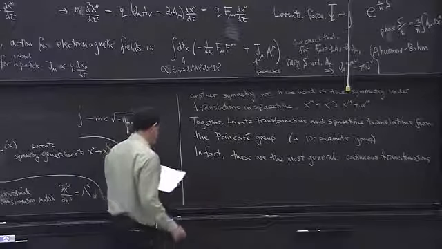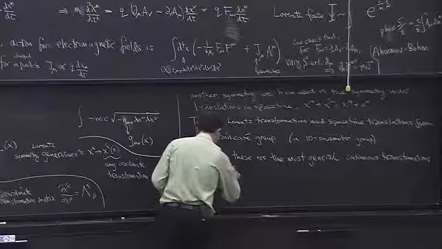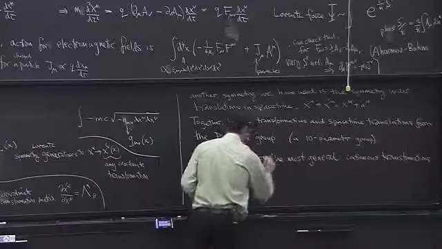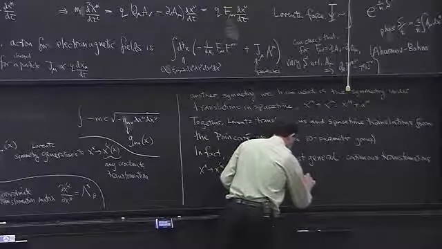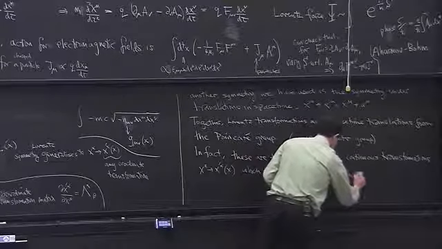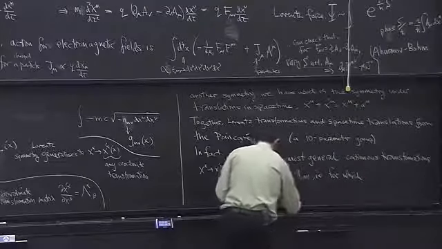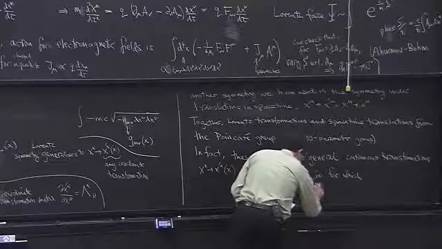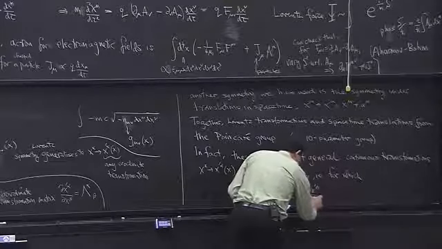These are the most general continuous transformations X alpha goes to X prime alpha of X, which preserve eta mu nu, i.e., for which eta gamma delta is equal to eta alpha beta dx prime alpha dx prime beta over dx gamma dx delta.